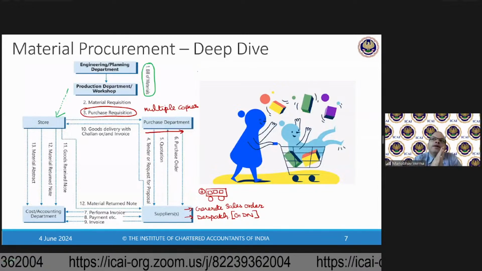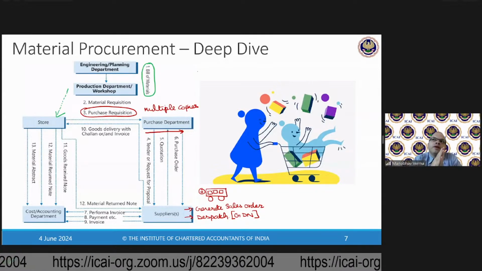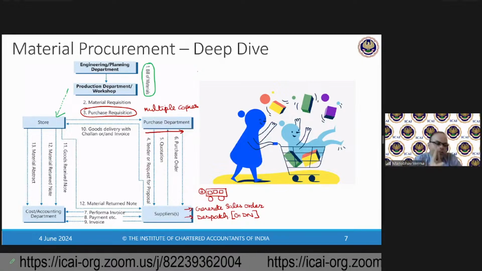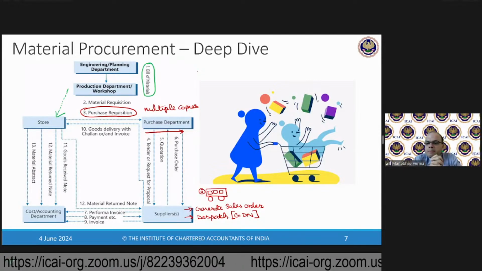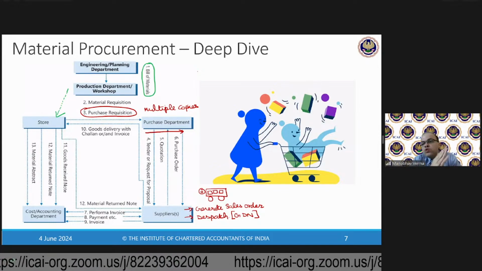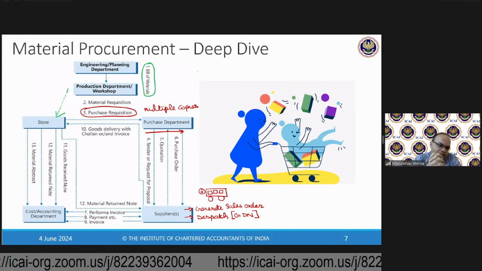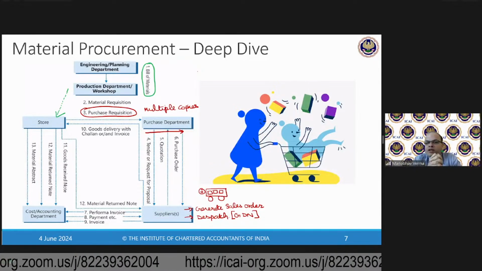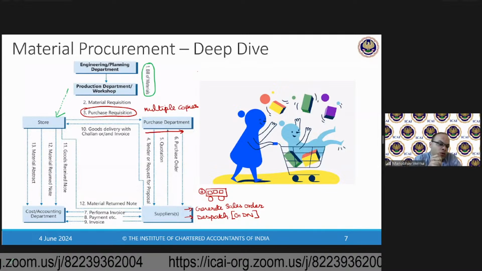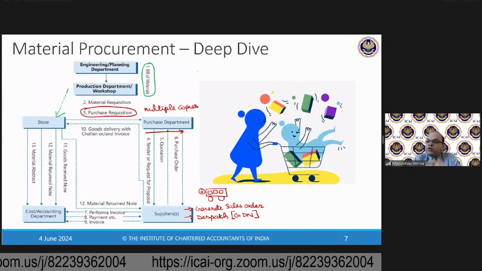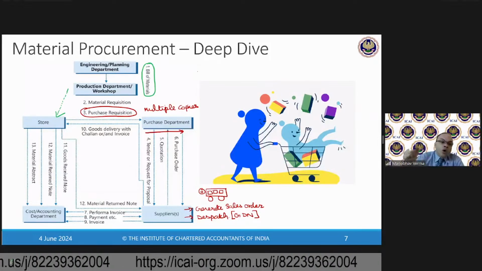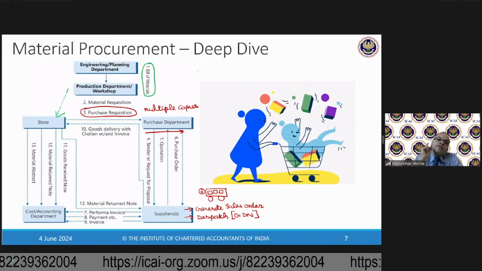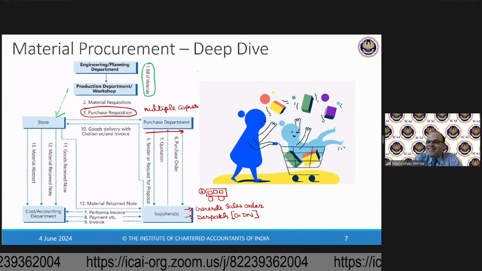A vendor was selected, a purchase order was issued, and the vendor dispatched the goods. Once those goods arrive at your gate, there is a person waiting at the gate, and mind you, that storekeeper would already have one copy of the purchase order.